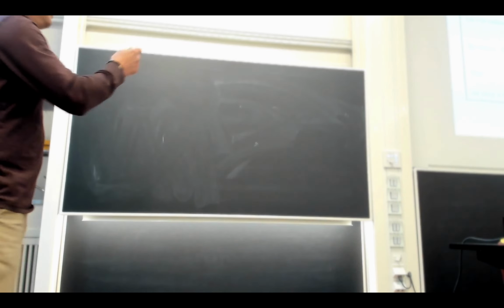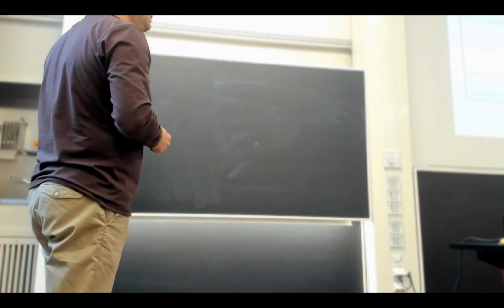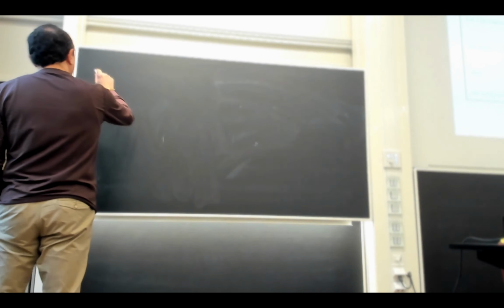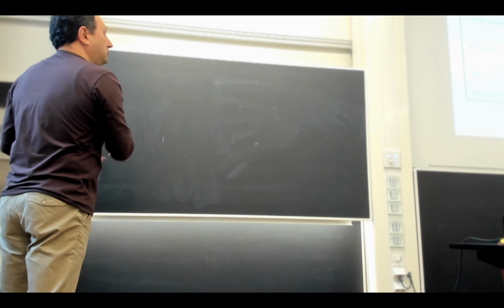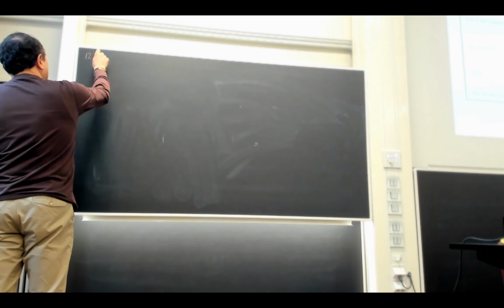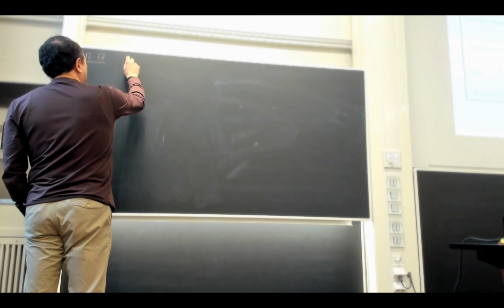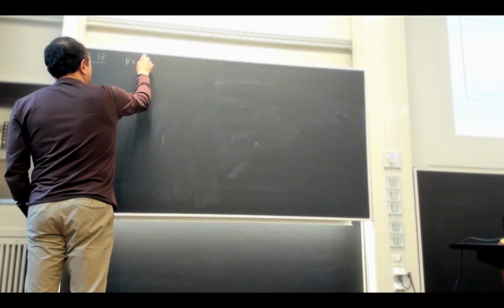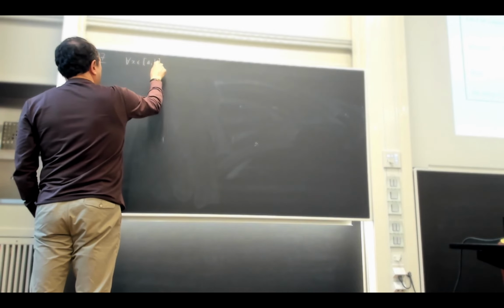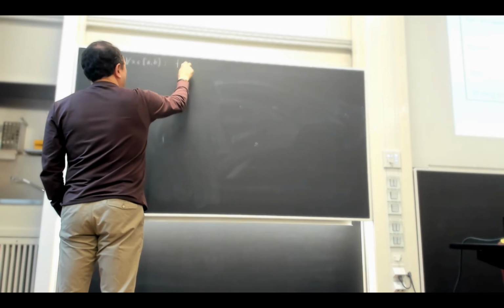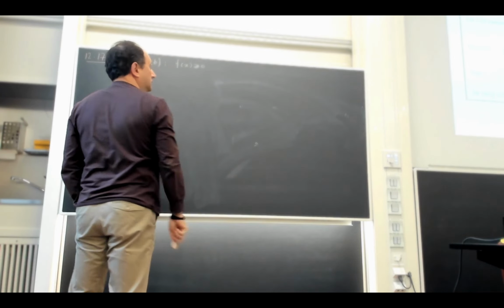What we know is that the function is greater than or equal to 0. This is 12.17. We know that for every x in the closed interval from a to b, f of x is non-negative.